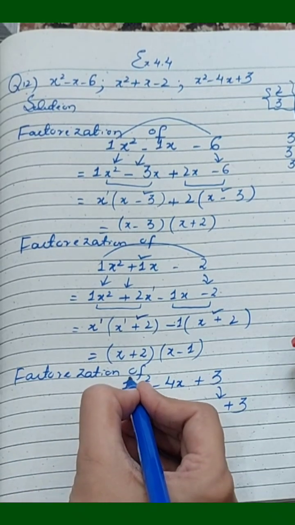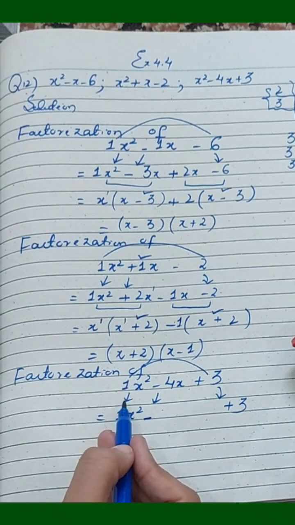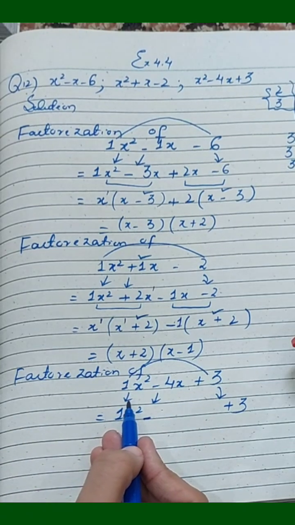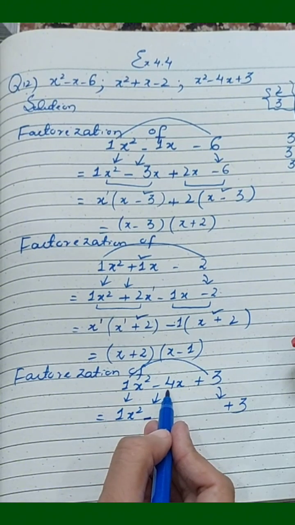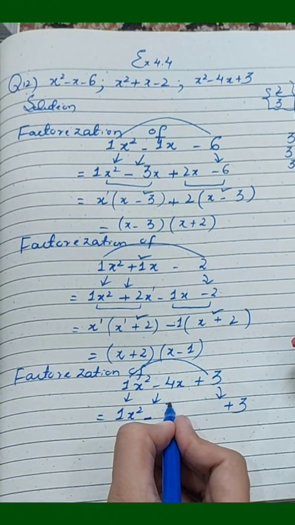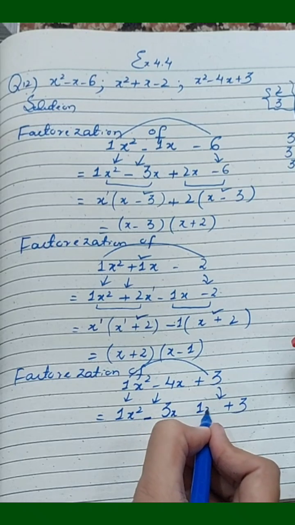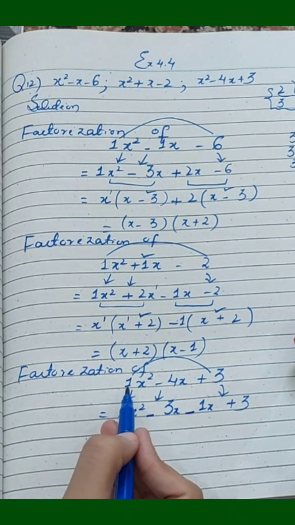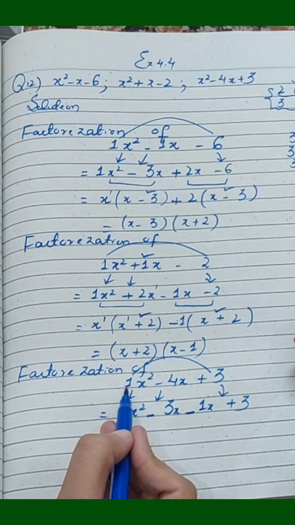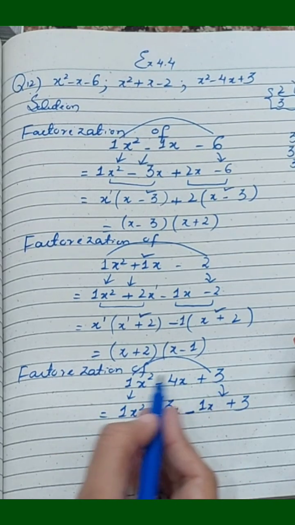Now we can multiply 3 with 1. We need such a number. When we multiply, it will be 3. When we add or subtract, it will be 4. So when we take 3x and 1x, it will be 3. Now we can multiply the coefficient of x square and the last term. It will be 3. 1 3s are 3.